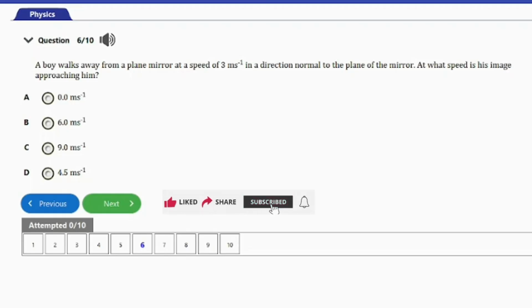So guys, in order to solve this out, we use velocity of the object minus velocity of the image. So guys, here this will correspond to 3 minus negative 3, and that's 3 plus 3, and that's 6 meters per second. So option B is the answer to this question. Let's go ahead and consider the next question, guys.